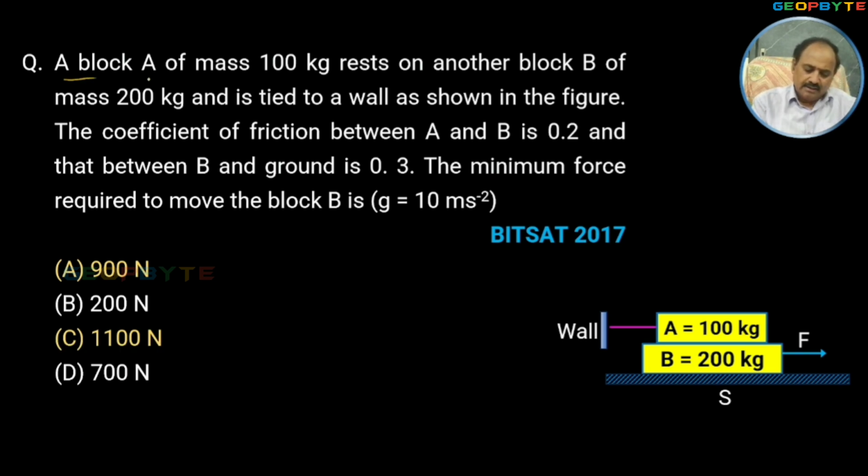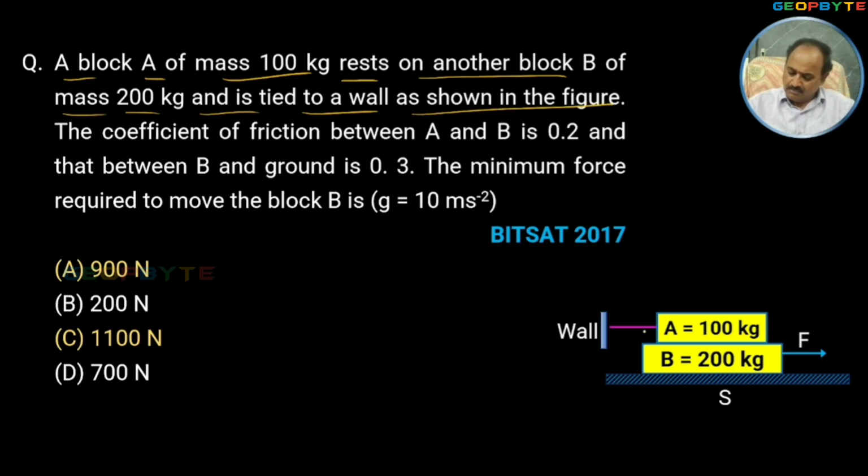A block A of mass 100 kg resting on another block B of mass 200 kg and is tied to a wall as shown in the figure. Look at the block A, which is tied to the wall. Of course, block B is placed on the surface. This surface may be the ground.